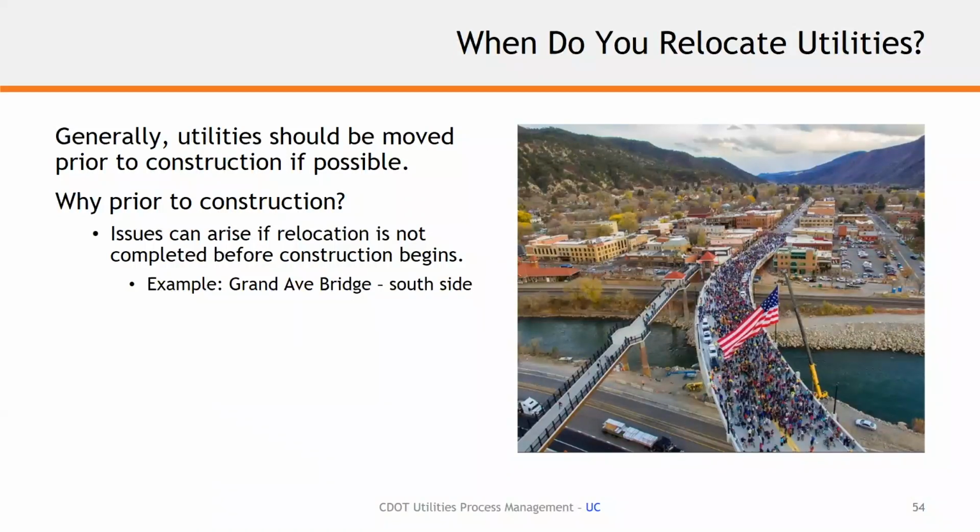It's not in this picture, but the gas line connected on the north side and the south side, ran across, and we had to basically completely dismantle the gas line in two phases, because we had a phase one that built the pedestrian bridge that you can see in here, and we had a phase two that built the traffic bridge that you see in this picture, and also demoed the old traffic bridge.